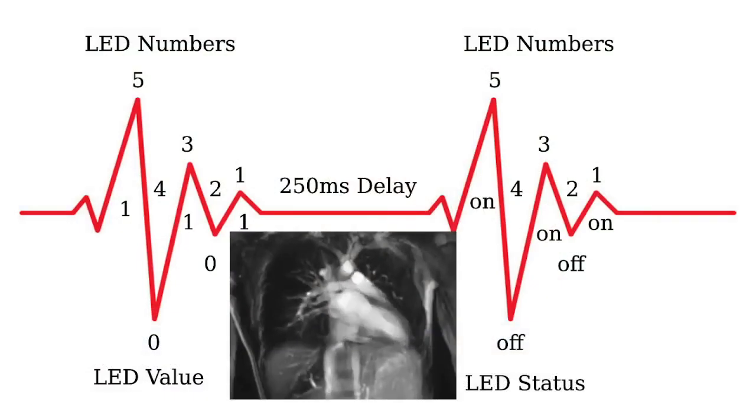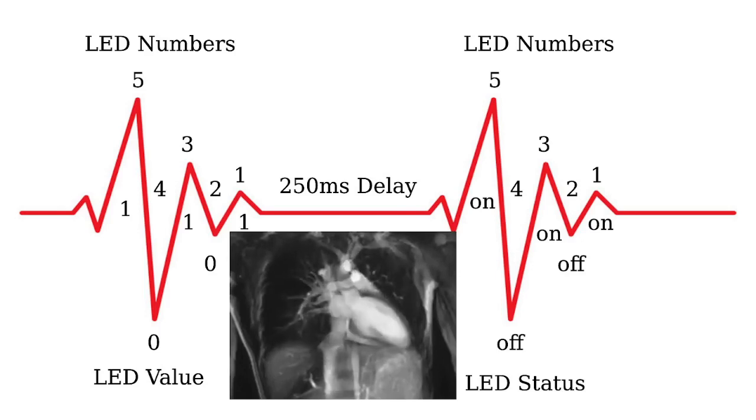If you look here, I thought about making LED lights flicker to the rhythm of a heartbeat. I started here on the right. These are the LED numbers, and you start from the right with 1, 2, 3, 4, and 5. Down here I put on, off, on, off, on.